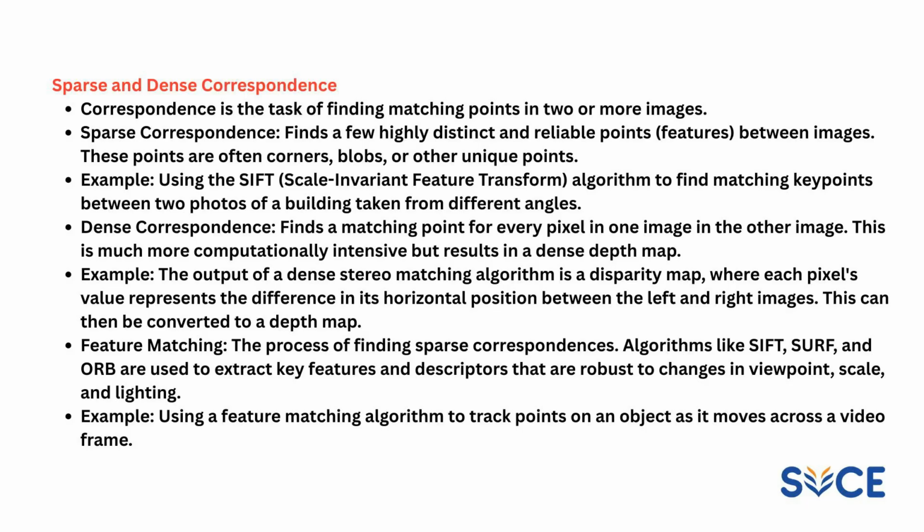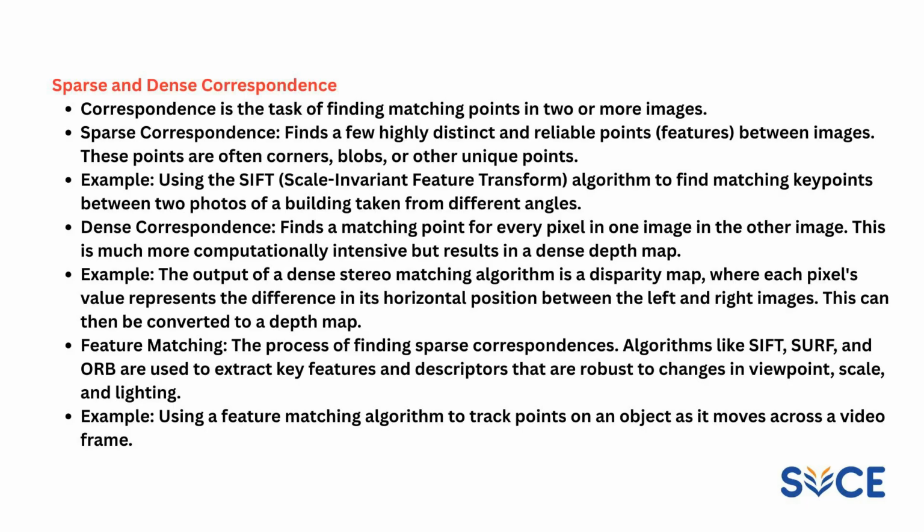Let's summarize. Correspondence is matching points between images. Sparse correspondence focuses on distinct landmarks like corners or blobs. Dense correspondence matches every pixel, producing detailed depth maps.